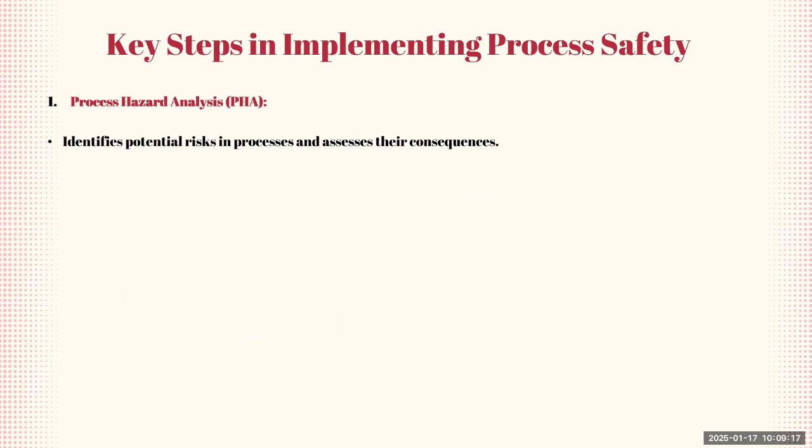So before we know how we should protect our system, we need to know what the problem is, what the potential risks are. For example, a refinery conducts a PHA to evaluate the risks in a distillation unit, which helps us to purify our oil. So it's important to know, okay, what could happen in this distillation column? How can it fail? What are the potential explosion scenarios, and so on.